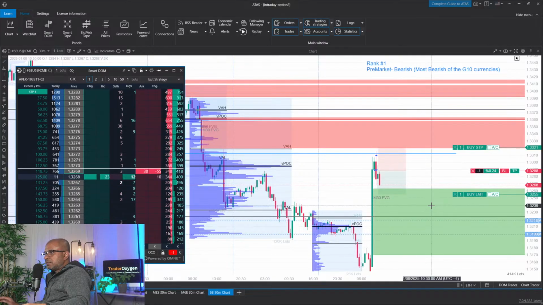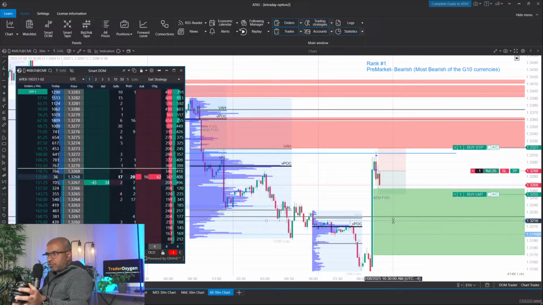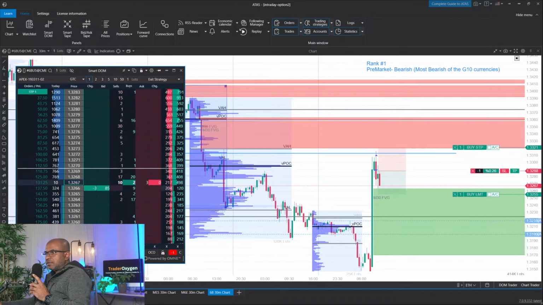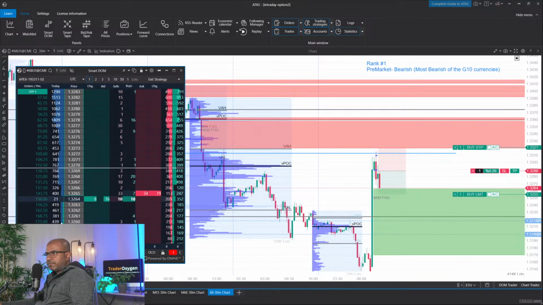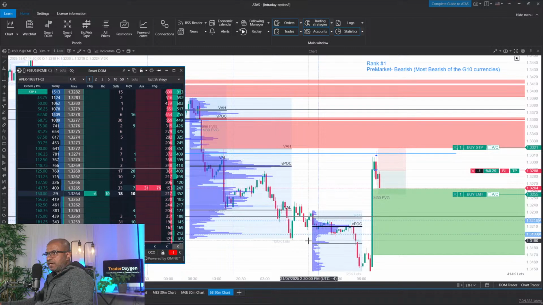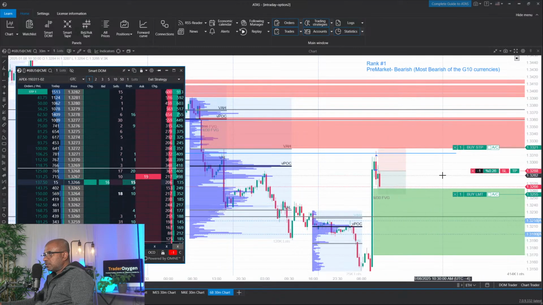So more and more aggressive sellers are coming. Aggressive sellers selling. Passive sellers are emerging. Passive buyers are backing down, and the price is strongly moving down towards the take profit target.